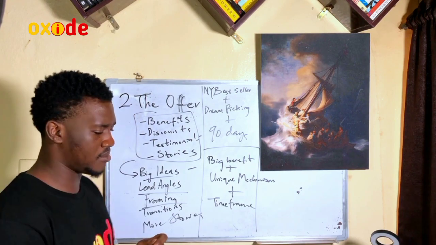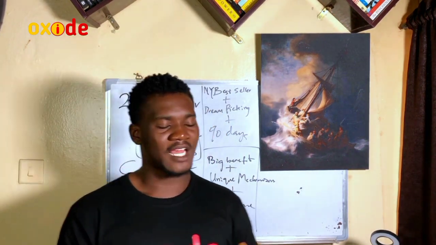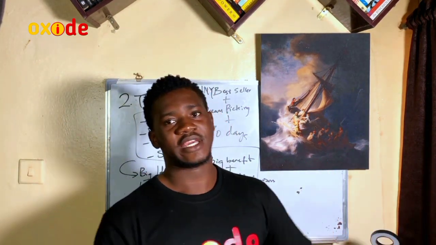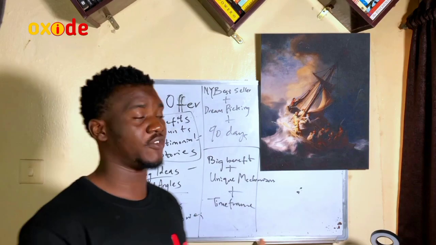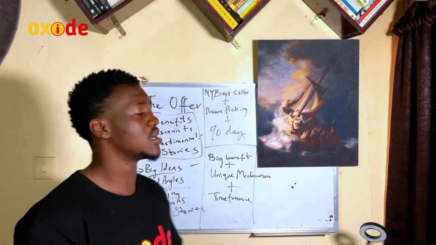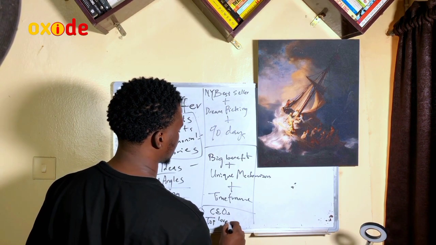Now, number 3 is framing. What is framing? Framing is simply taking something that looks ordinary and presenting it to somebody in a way that looks different. For example, when we were creating this course, we were targeting CEOs and top level executives.